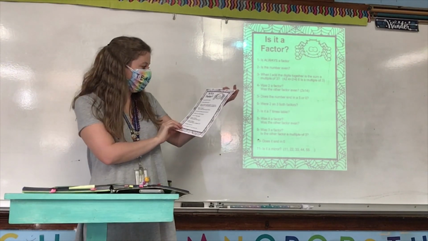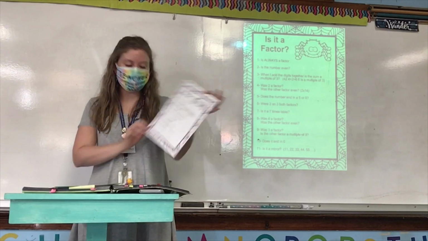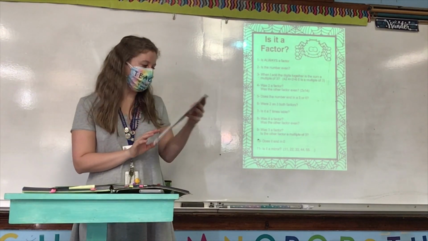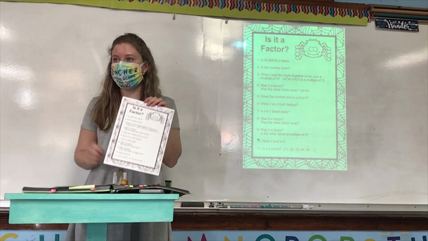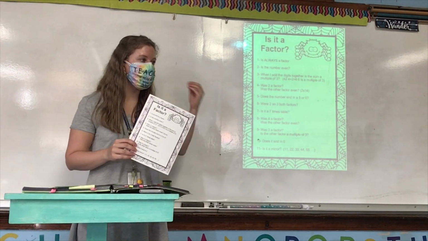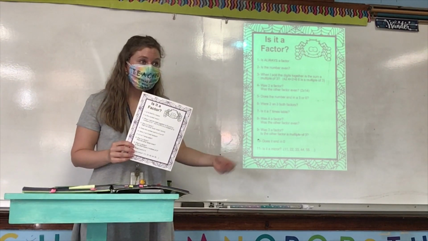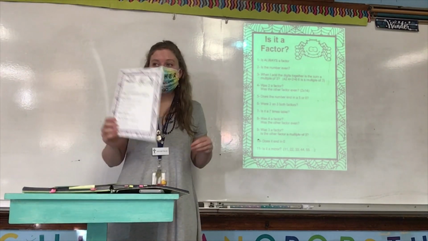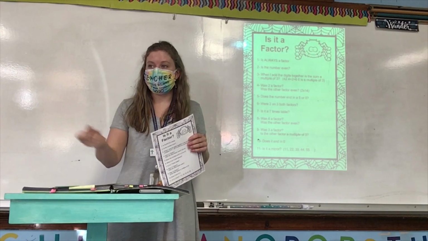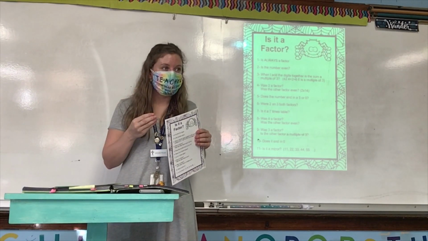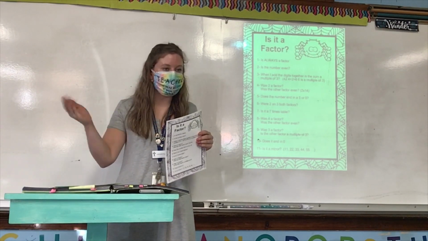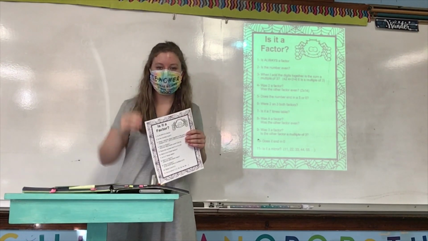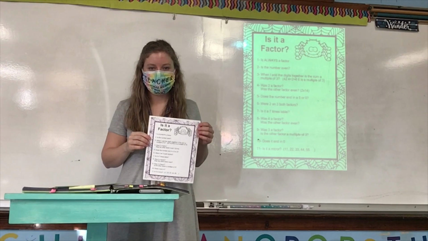Okay, so this says, is it a factor? This will help you decide if numbers 1 through 11 are factors. So let's look at number 1. 1 is always a factor because you can always multiply 1 times a number to get that number. No matter what number, if I have 9, what can I multiply 1 by to get 9? 9.